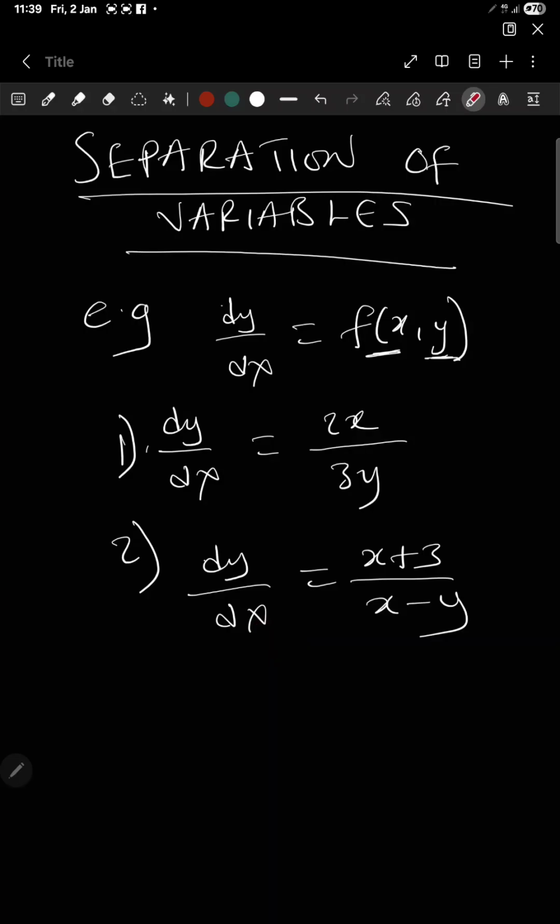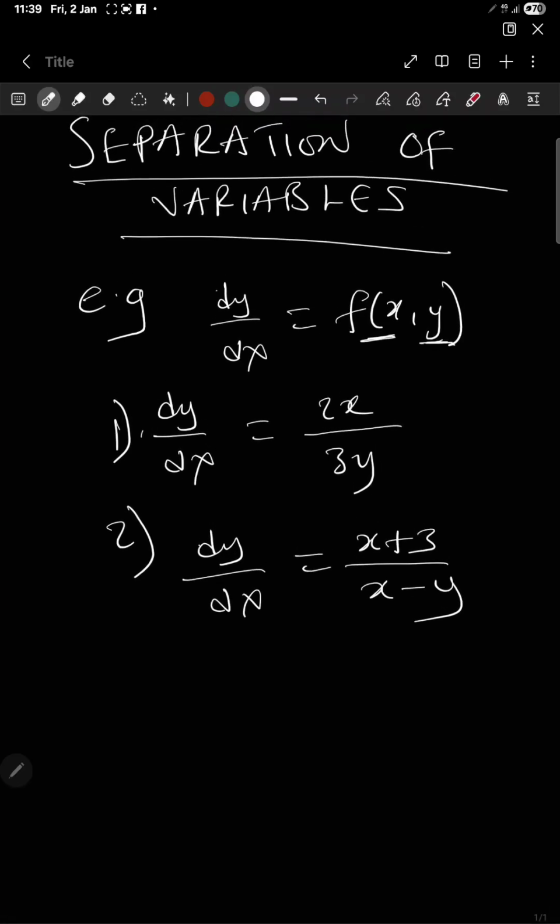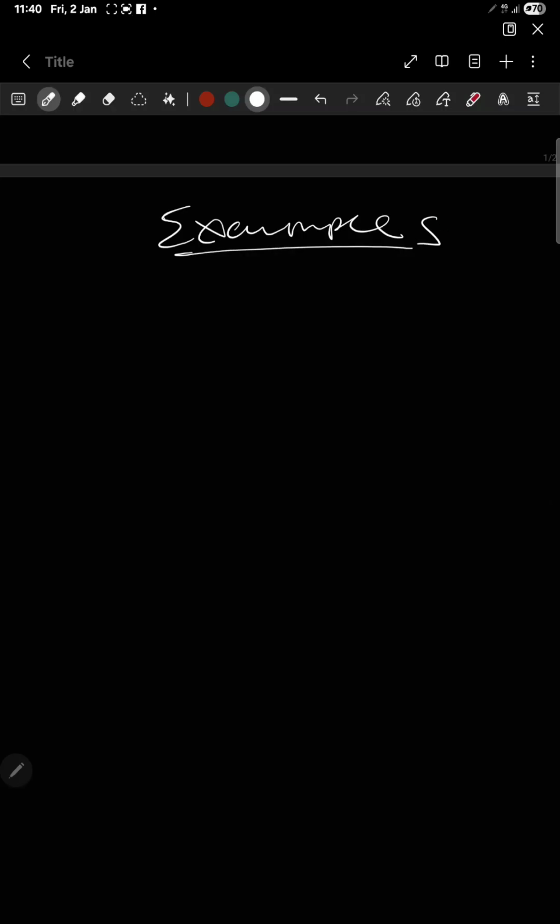After knowing how separation of variables questions are set, we need to know how to solve them. After you identify that a question is supposed to be solved by separation of variables, you need to know how they are solved. So let's look at examples.